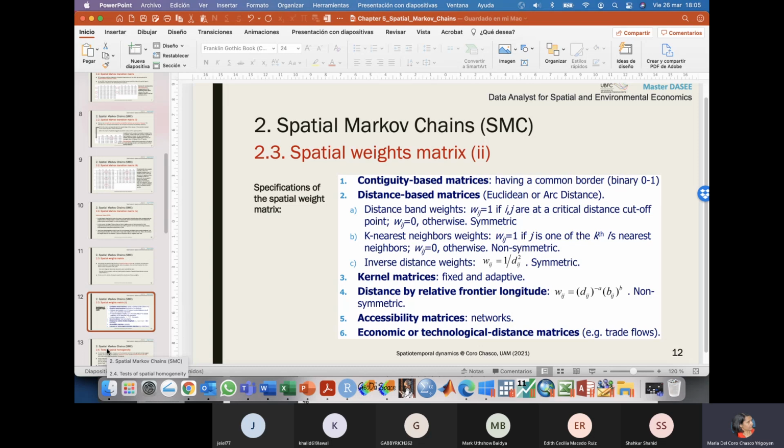So maybe in this context we should, I didn't do that in R, but I've offered you some different specifications for the spatial weight matrices, and you can check the spdep package of Roger Bivand, because you will find different kinds of specifications for this spatial weight matrix.